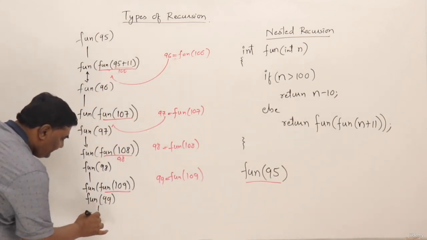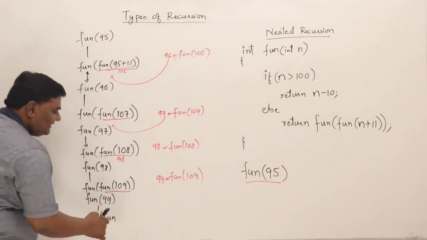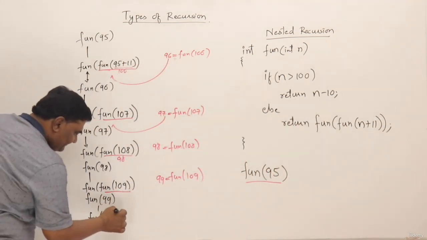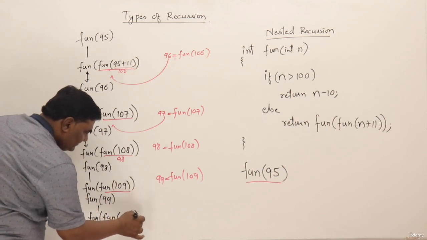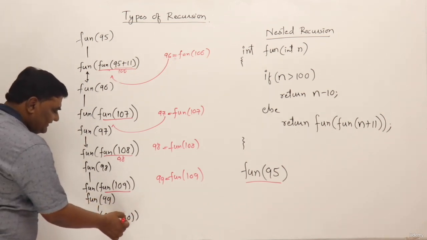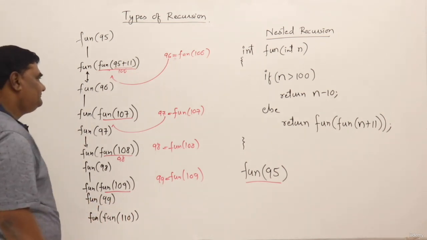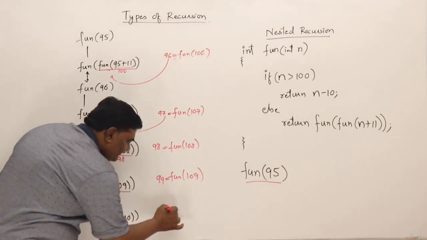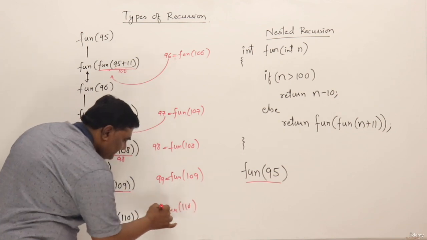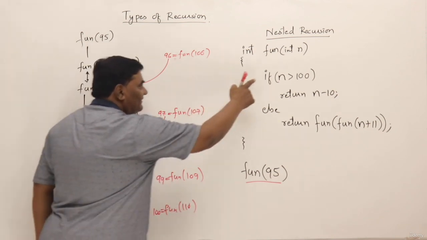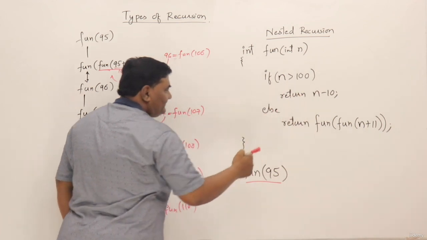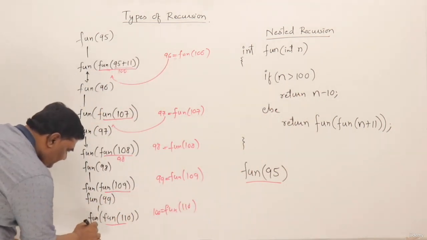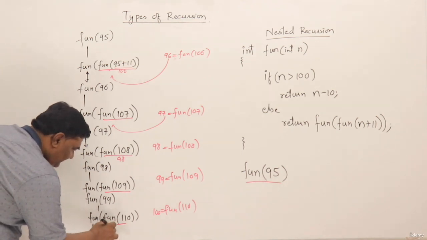So fun of 99 plus 11. So this becomes 110. Now what is the result of 110? Fun of 110 will be 100. Here it enters into the if part and returns 110 minus 10. So this is 100. So this call becomes fun of 100.